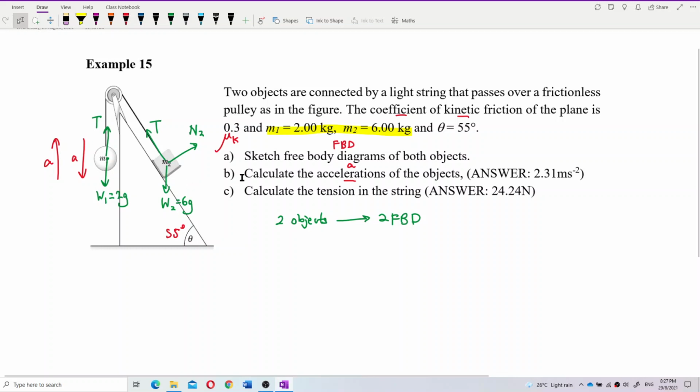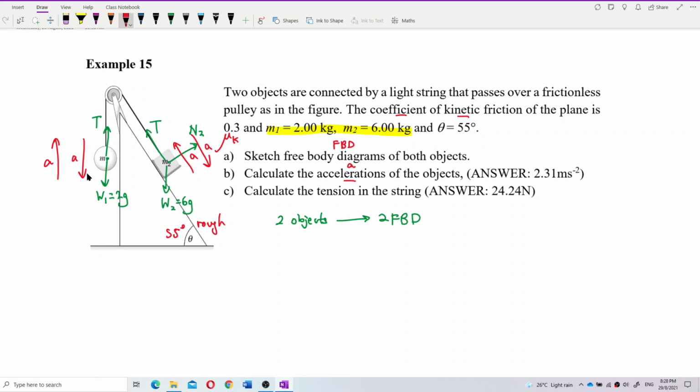Friction. The question did say there is friction, isn't it? This surface is rough, so we write it as rough surface. So there is a frictional force, but we don't know whether the direction of friction goes up or down, because we also don't know the direction of motion. Is mass 2 going up, or is it going down? We're not sure.